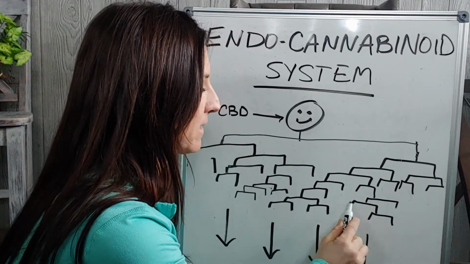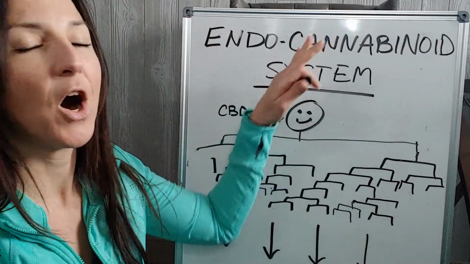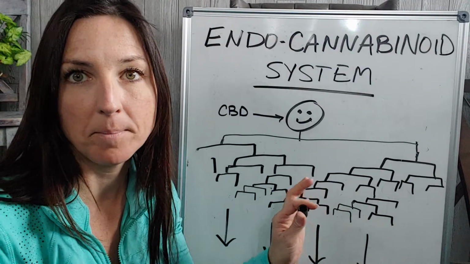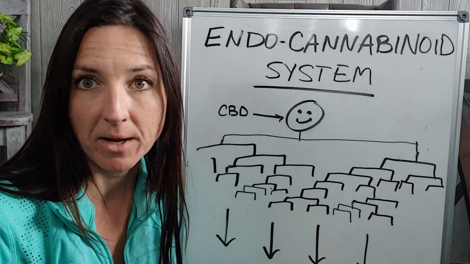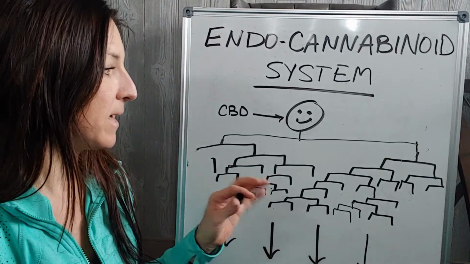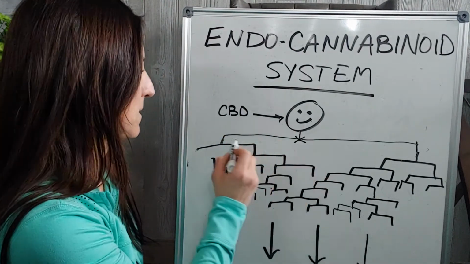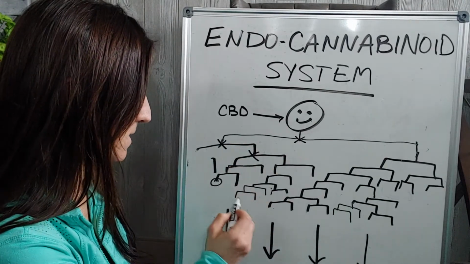It's bringing balance to all systems, and this goes hundreds and hundreds of levels deep. This is just a generalization and an easy diagram to draw for a patient to show them that essentially it's hitting all systems, not symptoms.